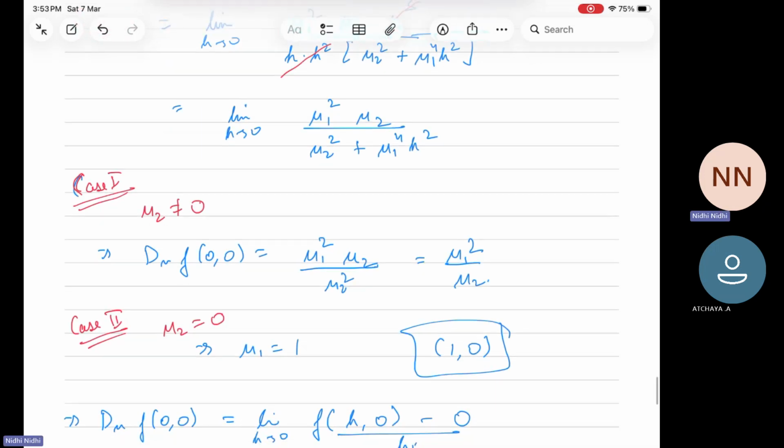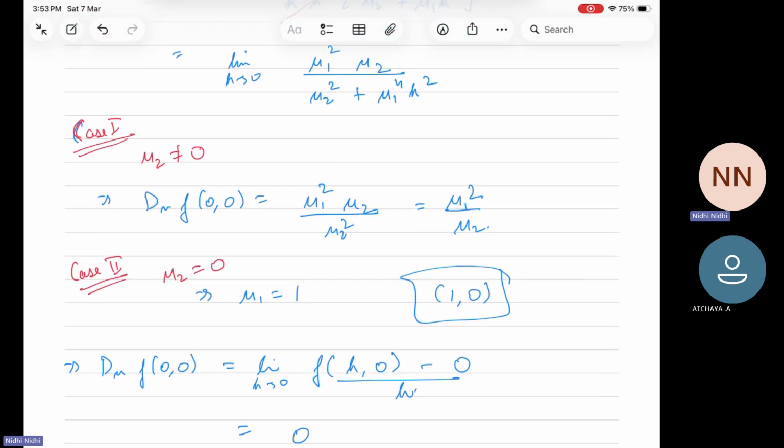Therefore, in this case also, the directional derivative exists. Directional derivative exists along all the unit vectors. Obviously, since we are taking unit vector u differently, it should depend on u. That means in all directions, directional derivative is existing, but still the function was not continuous.